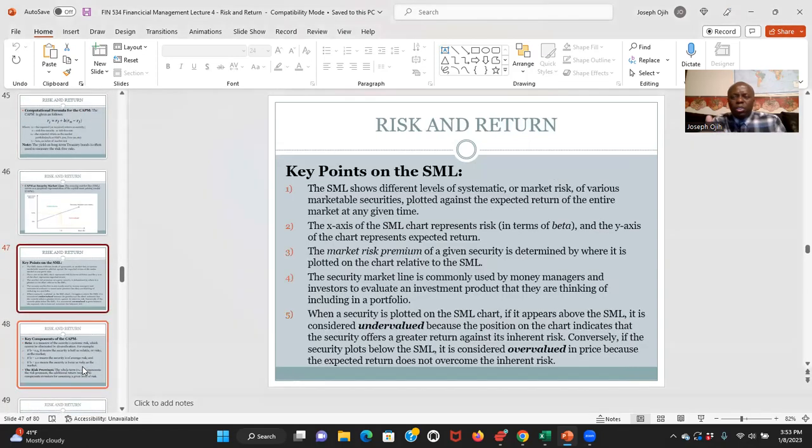So there are a few more things you need to know about the security market line. It shows the levels of systemic or market risk of various marketable securities plotted against the expected return on the entire market at a given time. Okay, I have already explained what the x-axis and y-axis show.